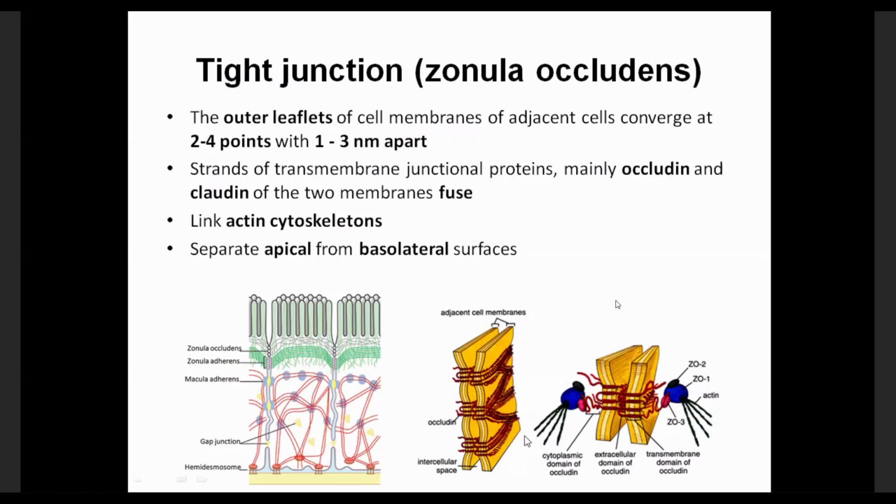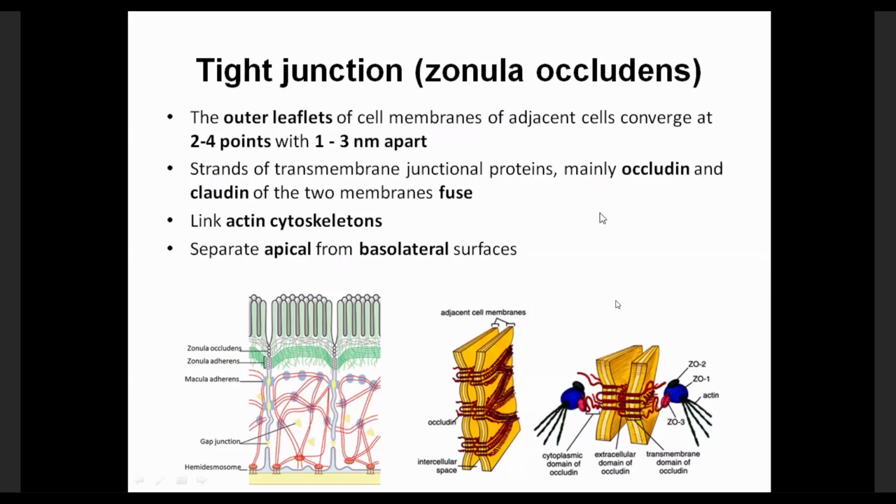So you see, these transmembrane proteins have an inner end and an outer end. The inner end is linked to the cytoskeleton of the cell. In this case, in tight junction, the cytoskeleton linked are microfilaments. But the external end is fusing, making a bond with another such transmembrane protein coming from adjacent cells.